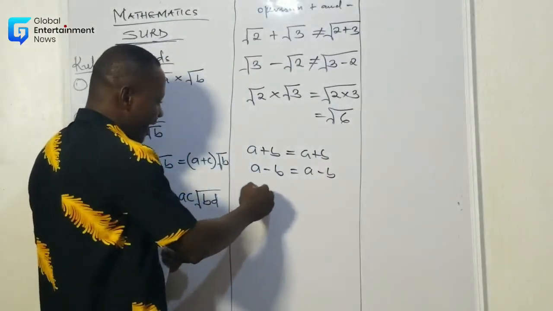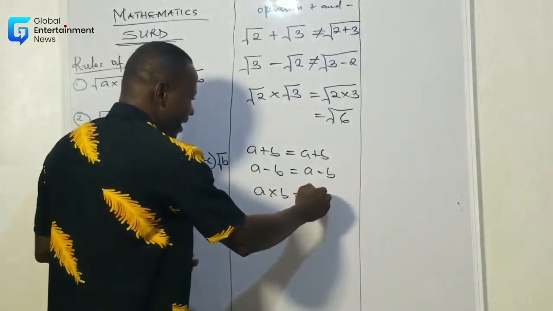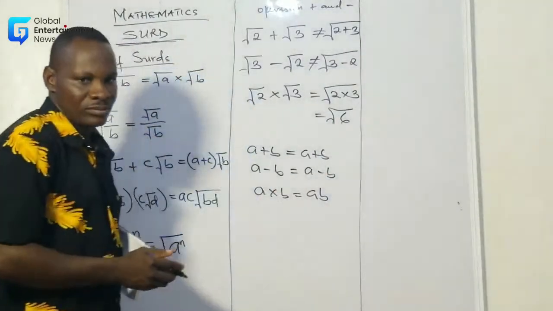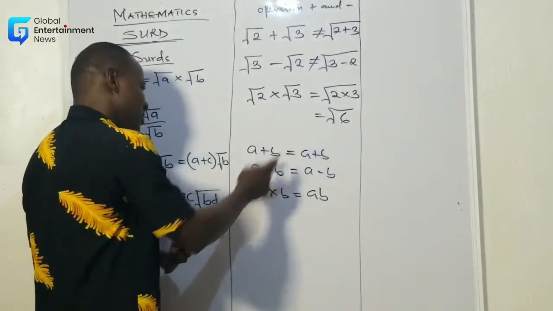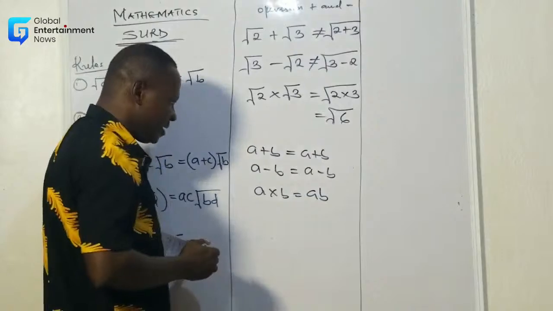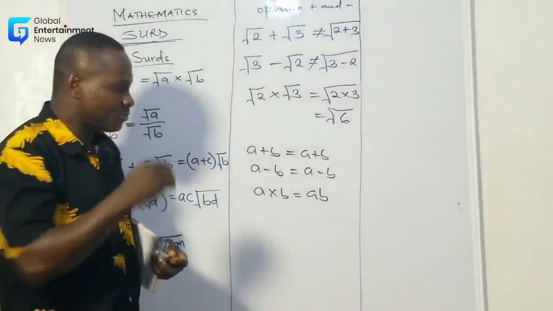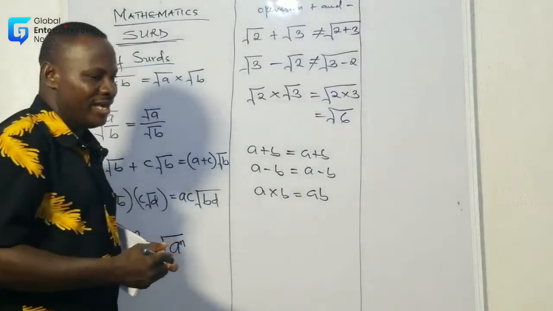But if I say A times B, it is equal to AB. A plus B is the same thing as A plus B. A minus B is the same thing as A minus B. A times B is the same thing as AB.